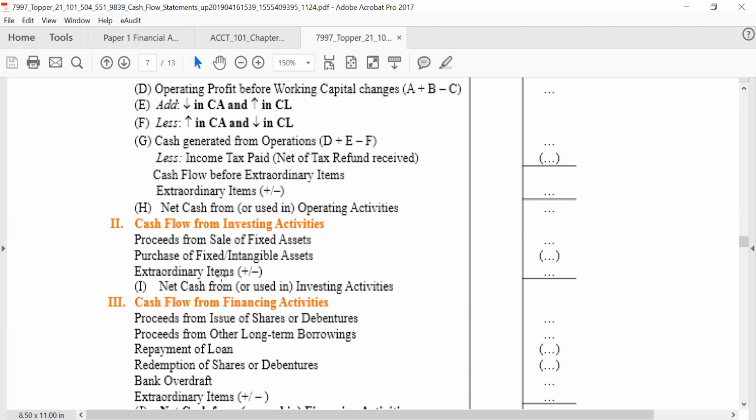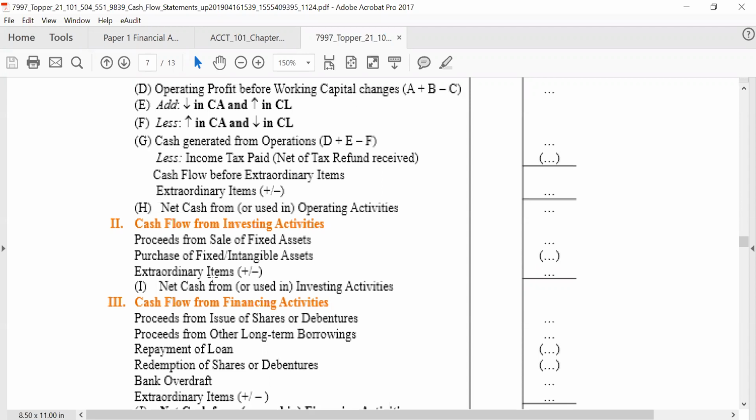And then we can have other items. They're calling them extraordinary items. It's more of any other items. For example, acquisition of an investment. Instead of buying an asset, you may buy shares in, let's say, MTN as a business. Now, the money that you have used to pay for those shares is cash flow from investing activities.